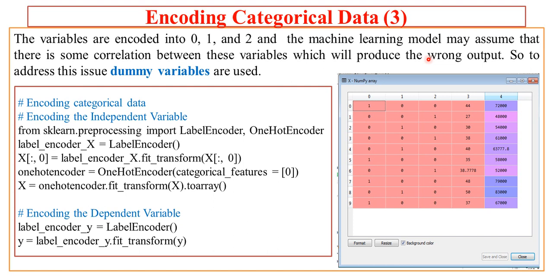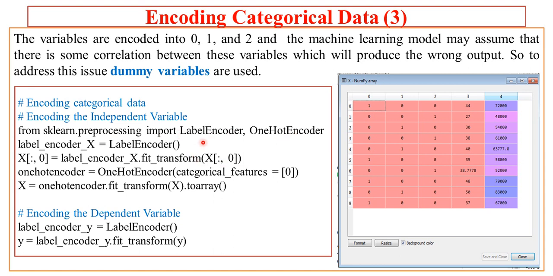So if we want that our model should not create any correlation between these numerical values of the countries, then we need to use something called dummy variables. Now these dummy variables will remove the confusion and will assign a separate variable to each country value. So how to do it? We need to use one more class from the pre-processing library of sklearn, that is called the one-hot encoder class.